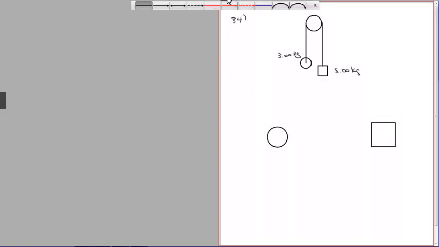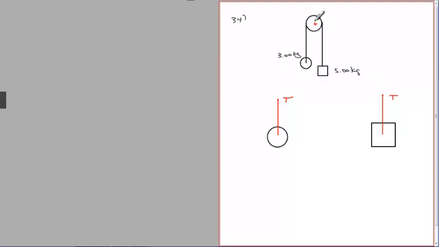So what do we have? Well, attached to the mass, we have a string. And attached to the other mass, we have a string. So we have a tension here. This one's pulling up. This one's also pulling up, and they're equal to each other. If this was not a frictionless pulley, then they wouldn't be equal to each other.